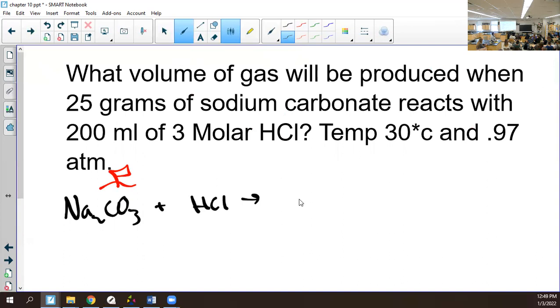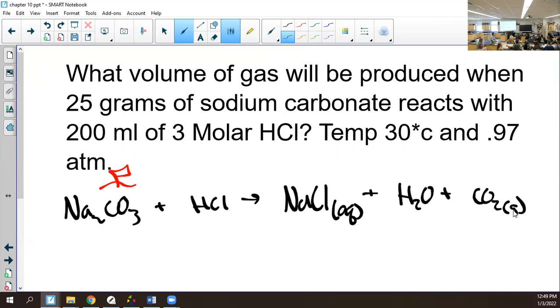So I'm sure that you remember it makes NaCl aqueous, which I don't care about because I'm doing gas laws, plus H2O and CO2 gas. Then you'd have to balance, then convert to moles. Actually, it's not that bad. That means when an acid reacts with carbonate, it produces a gas.